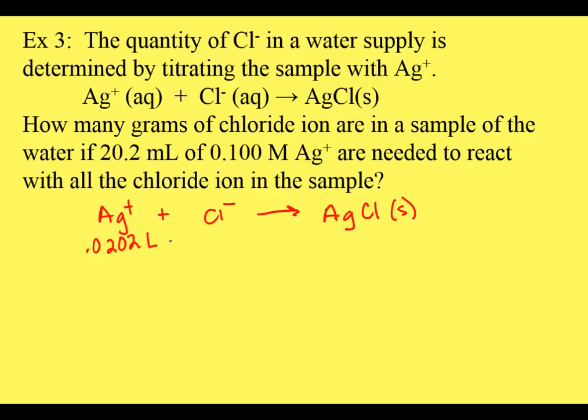And we know the concentration of the silver ions is 0.1. We would like to find how many grams of chloride are present. If you look at the information we've been provided, a molarity and a liters, and we're looking for grams. This is very similar to example 1 that we started with today.